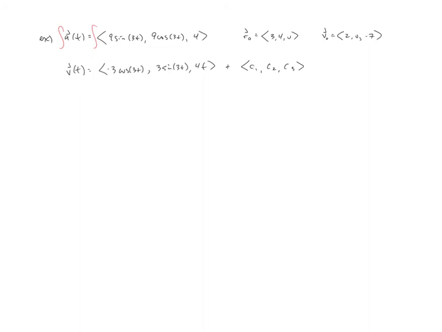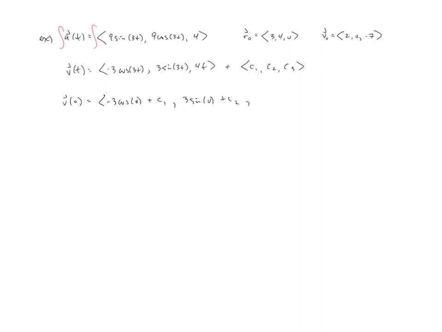Which if we go ahead now and we need to evaluate at v0, so 0, that's going to be a -3 cosine 0 plus c1. Then I'll have a 3 sine 0 plus c2.